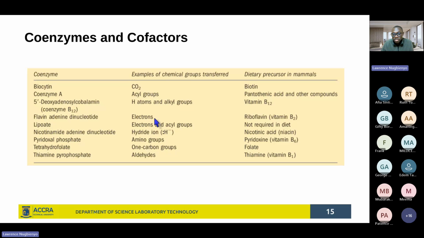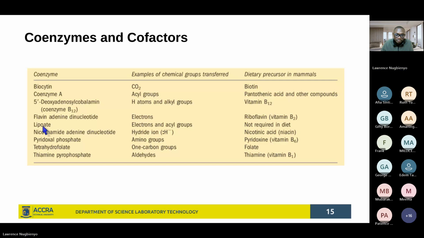And that is gotten from riboflavin. I mean, the name also, you see the flavin there. So it's coming from riboflavin. It's also one of these vitamin Bs, vitamin B2. You take some foods, you take some food supplements and things like that. You'll be seeing any of these vitamin Bs on them.